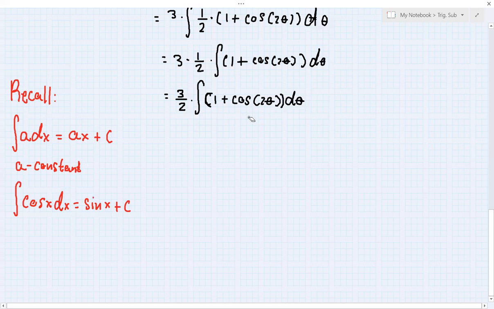Okay? This is cosine of 2 theta. So meaning, there is a function within a function. So composite function siya. So anong gagawin dito sa cosine of 2 theta para ma-integrate natin siya? Ang gagawin natin dito ay U substitution.